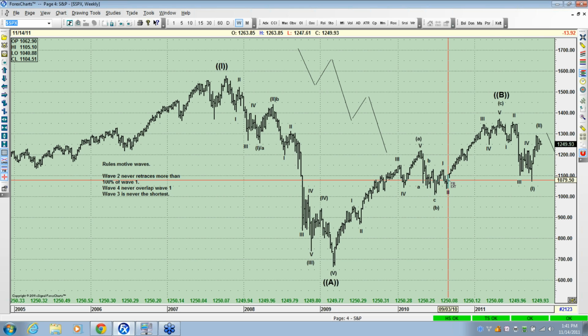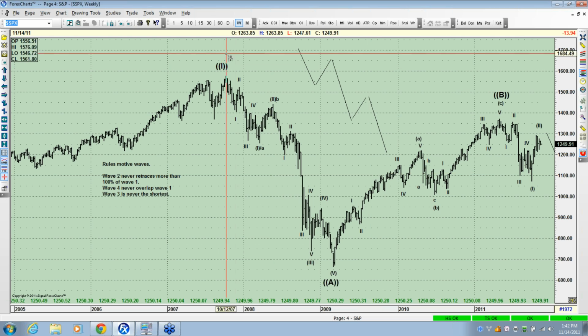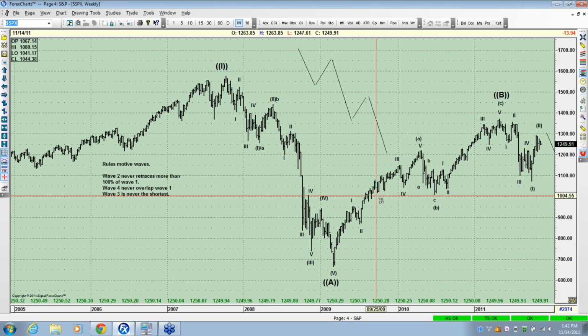Anyone having a question about Fibonacci levels, how to use them in the impulse 5-wave swing? No.